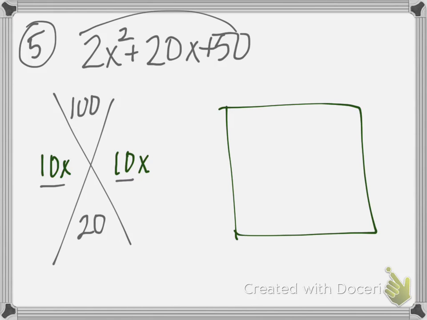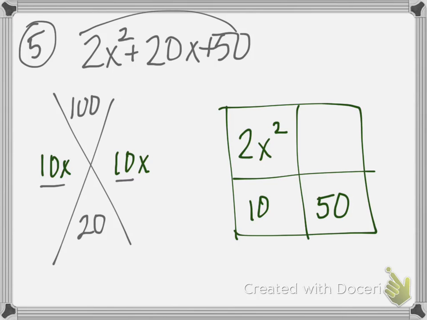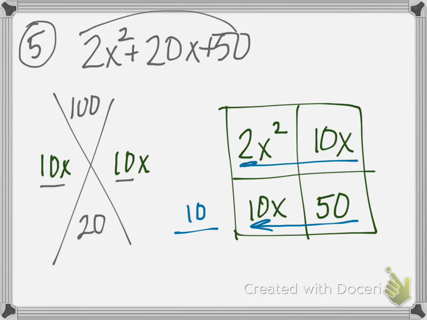So drawing the box, here's 2x squared, here's 50, here's 10x, and here's 10x. Factoring out the common factor, 10x and 50 are both divisible by 10. For 2x squared and 10x, 2 is the biggest number, and x is the variable.